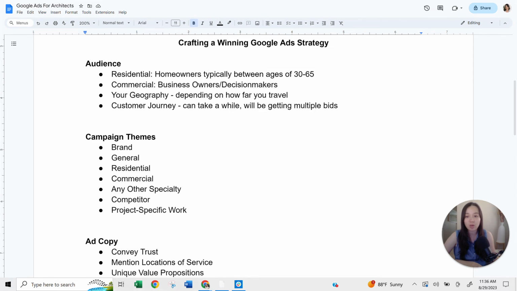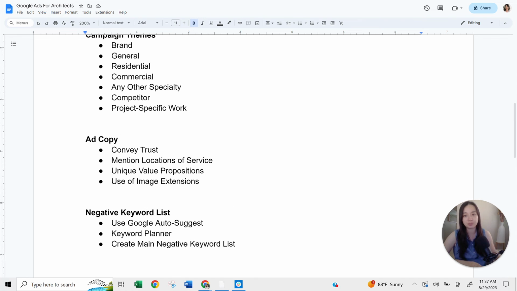The next thing that I want to talk about is your ad copy. Ad copy is going to be critical here. So making sure that your ad copy conveys trust, mentions the locations of service. So whether you're serving Los Angeles County, Orange County, Inland Empire, so forth, you want to mention where you service if you're going after more of those localized terms.